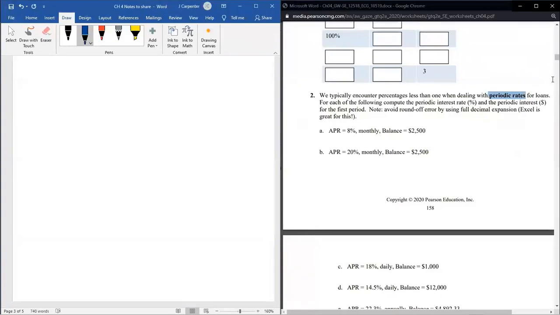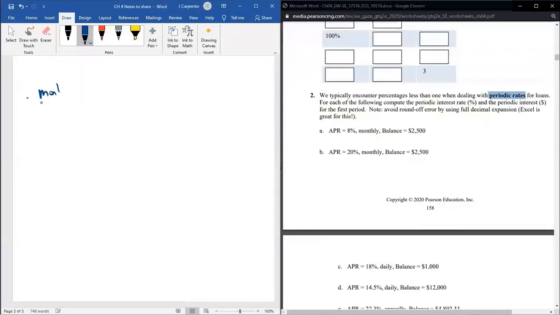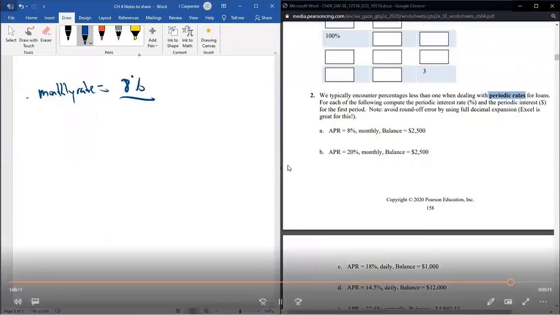$2,500, excuse me. And the people we borrowed it from want a monthly payment of their interest, and they're going to make 8% annually. Because they're getting their interest monthly, we have to convert the annual rate to a monthly rate. So the monthly rate would be the annual rate of 8% divided by, well, how many months are in a year? 12.